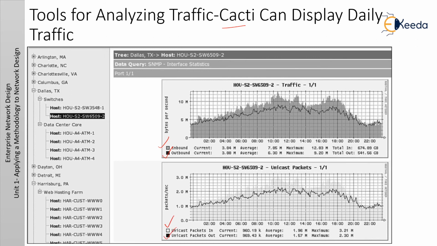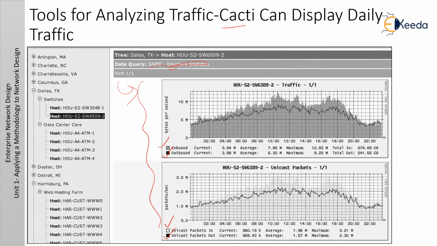Likewise, you can see data queries, SNMP interface statistics. On the basis of this, we get the traffic, and this is very important in cloud computing applications also. If you go to some cloud computing companies, you can see they are constantly monitoring the traffic.